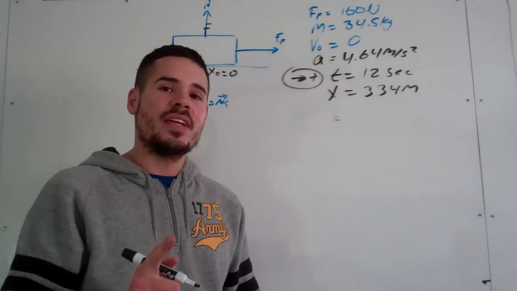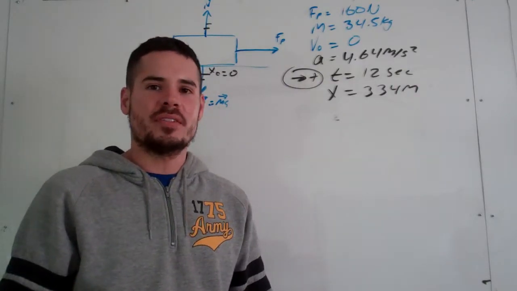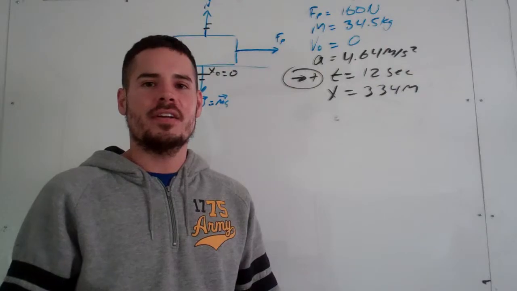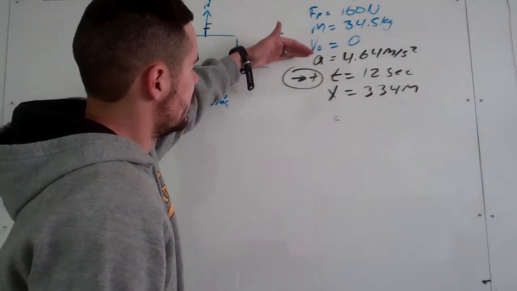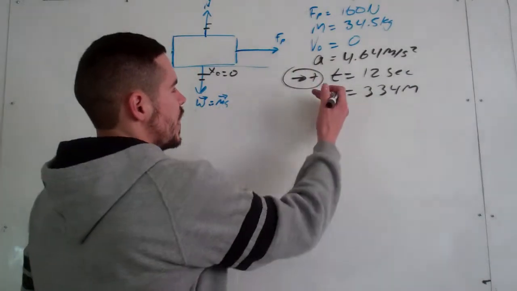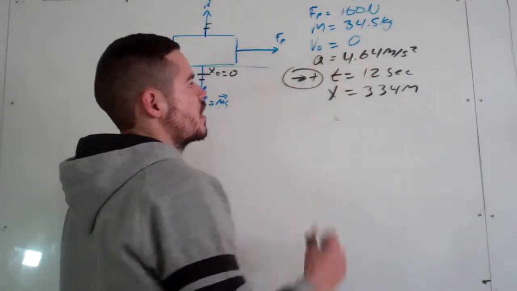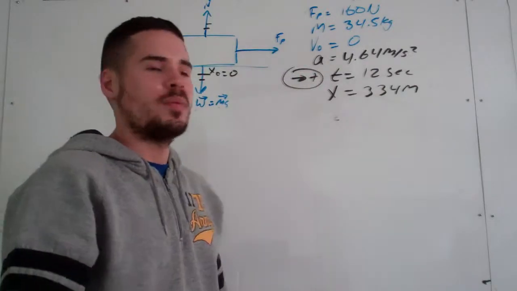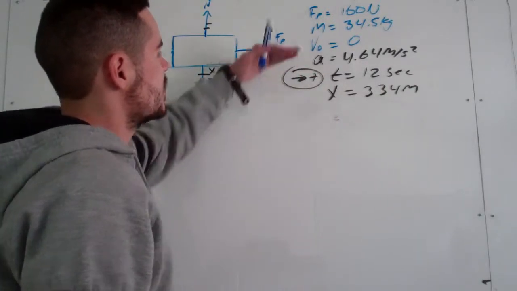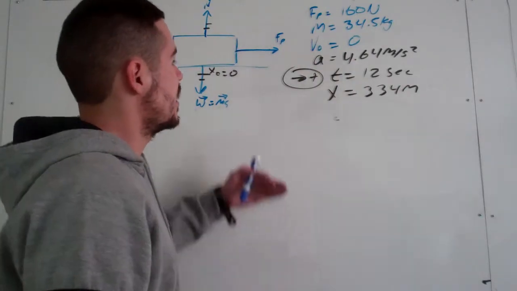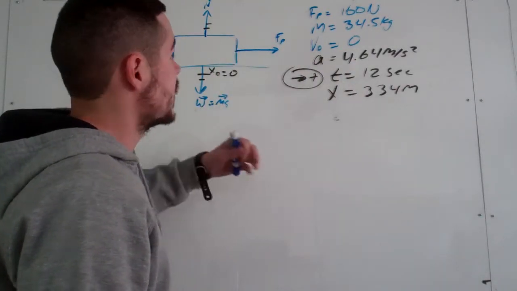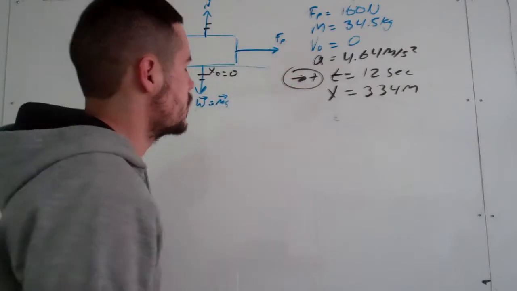There might be one question that has A through F, or A through J, or A through K. You never know how many questions you're going to get. So you keep recording your information so you can look back and say, I've got acceleration, not a problem. I've got time, not a problem. I've amassed all this information, and as long as I stay organized, it's easier to continue working these problems.